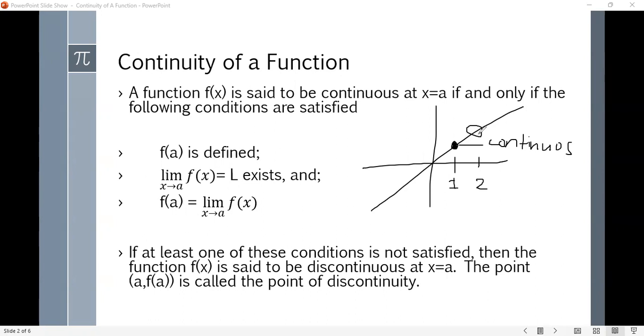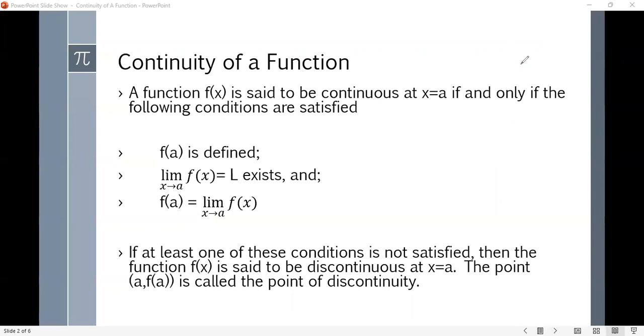Circle lang po siya, hindi po siya shaded. So this is said to be discontinuous. Now, try natin i-determine kung continuous ba or discontinuous yung isang function sa mga examples na ibibigay ko sa inyo.